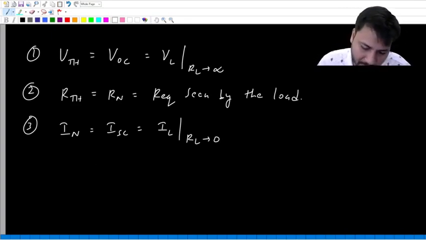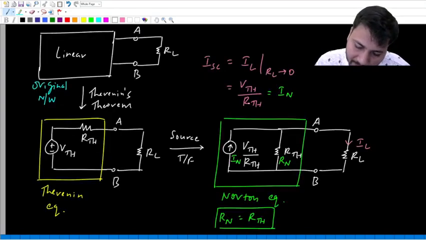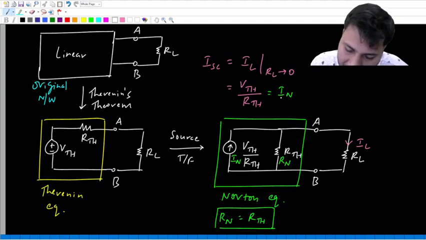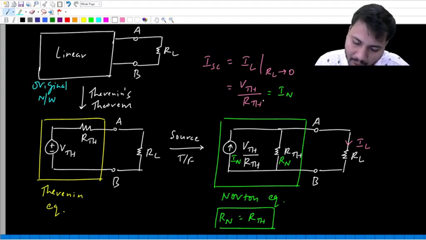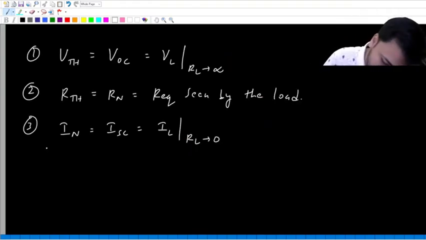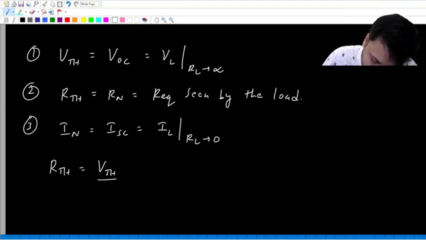And what is the relation between VOC and ISC? If you look here, VTH by RTH is IN. So RTH equals VTH by IN. So RTH is simply the ratio of the Thevenin voltage to the Norton current.